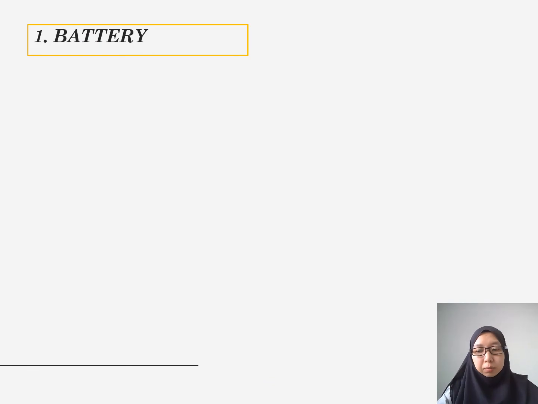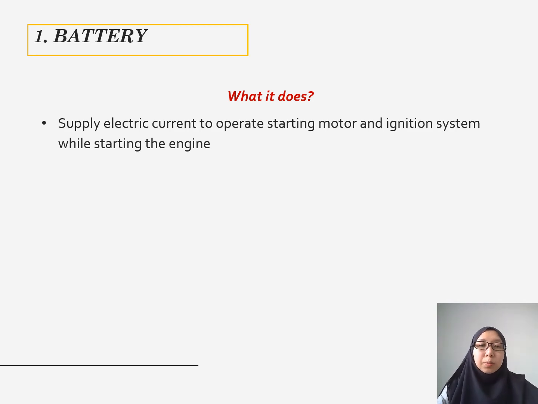So the first system that we would like to learn about is the battery. What it does is to supply the electric current to operate the starting motor and the ignition system while starting the engine.